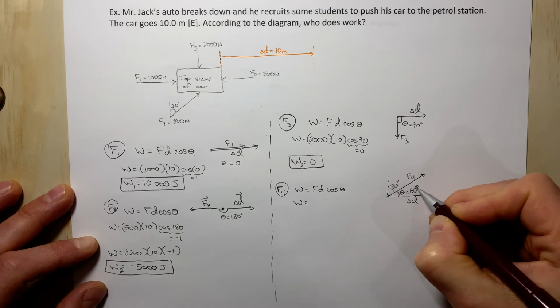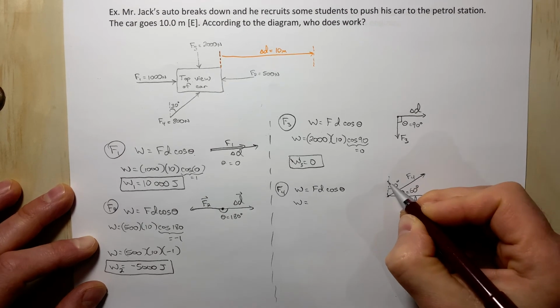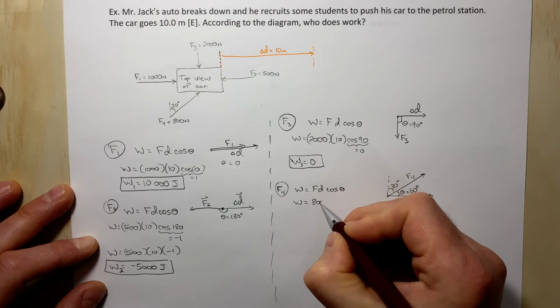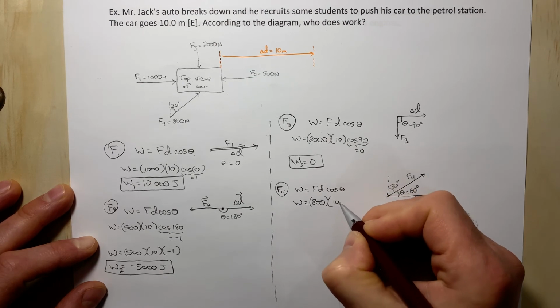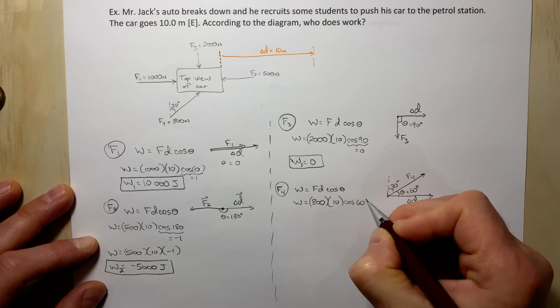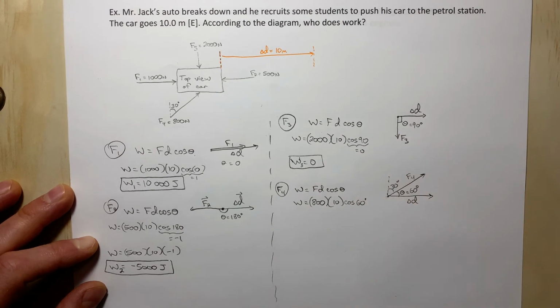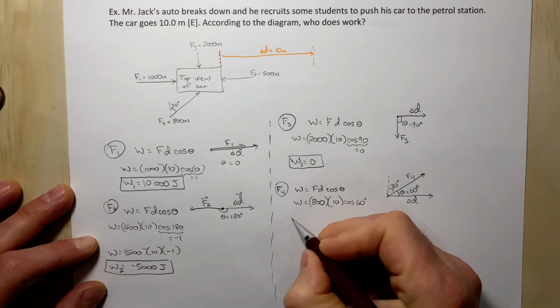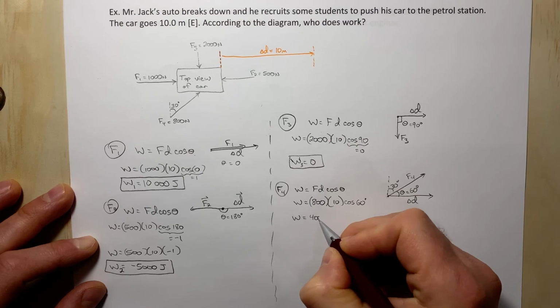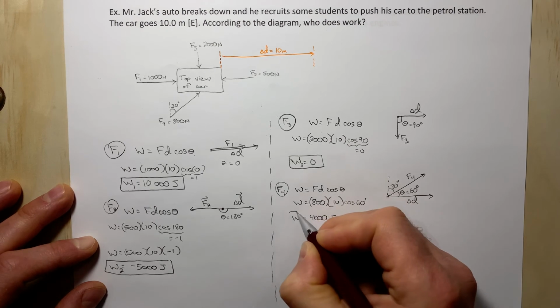If that's 30 degrees, then this is 60 degrees. There's my whole 90 degrees. Their force is 800 newtons. The displacement is 10. Again, all just magnitudes. Cosine here is going to be cosine of 60 degrees. If I work that out, that is 4,000 joules.